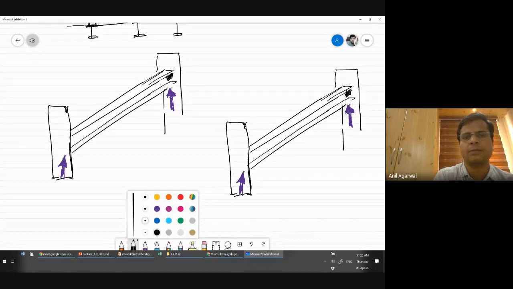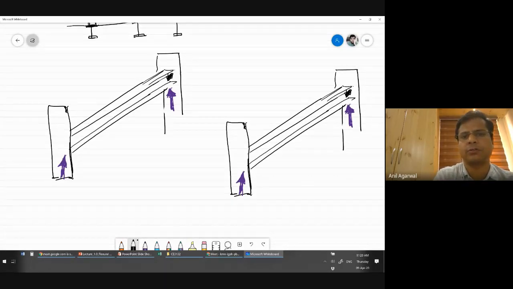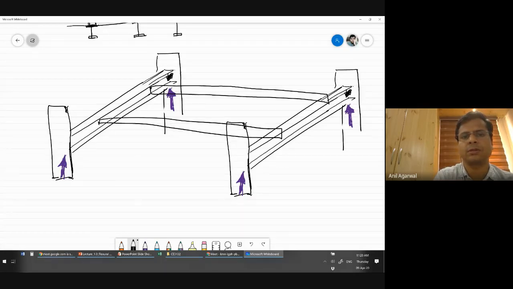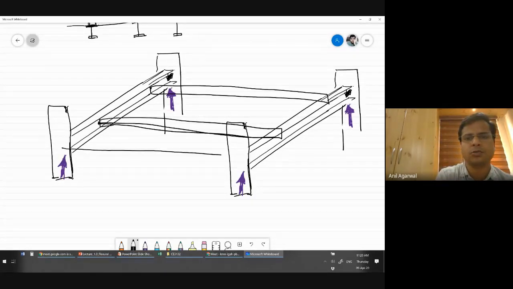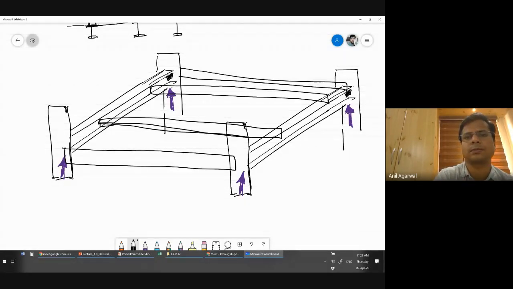Again, I may not be able to draw the entire geometry of the beam, but let's say there is a beam here that is connecting these two beams at an intermediate level. Okay, so this is the three-dimensional geometry, and then of course there are beams that are connecting these two columns also, and there are beams which are connecting these two columns.